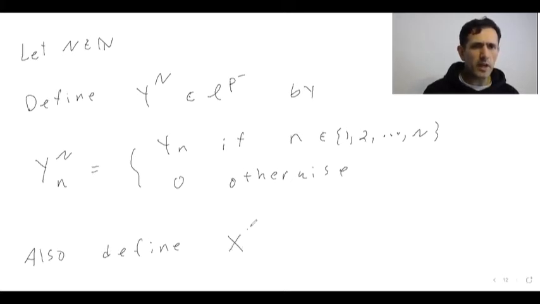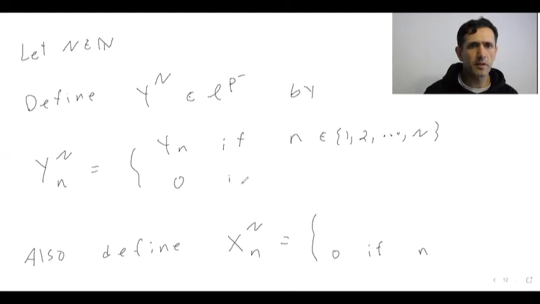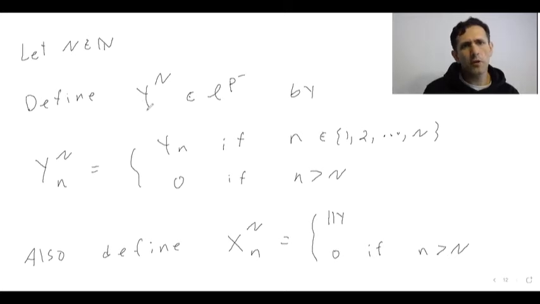Okay, so let's say this here is also 0 basically if n is bigger than big N. First, let's assume y is not 0.